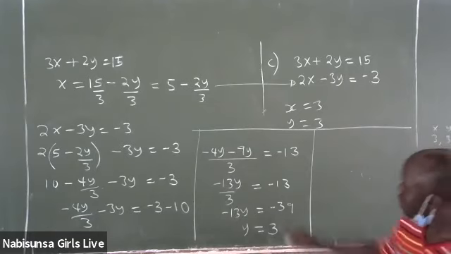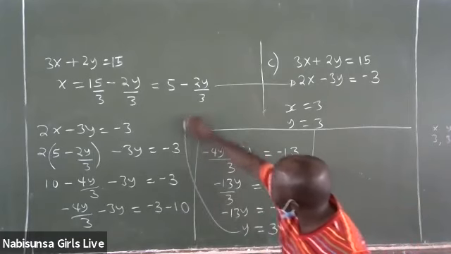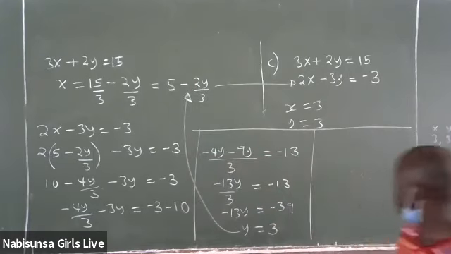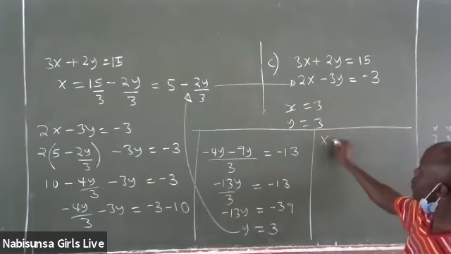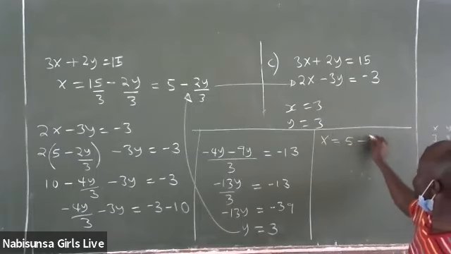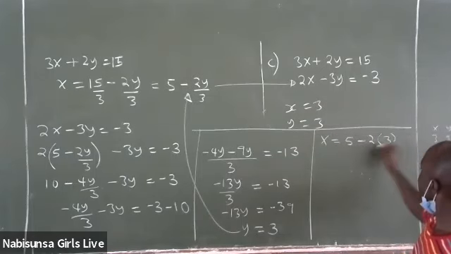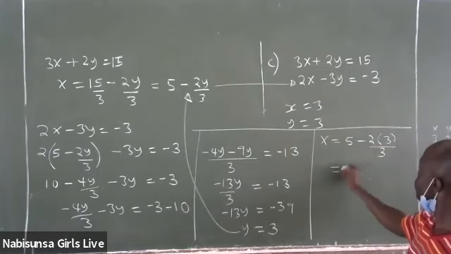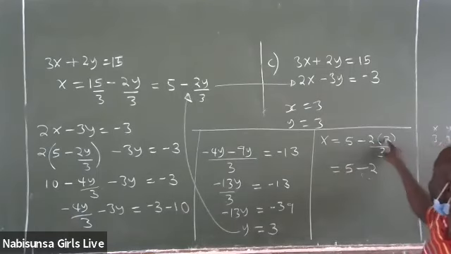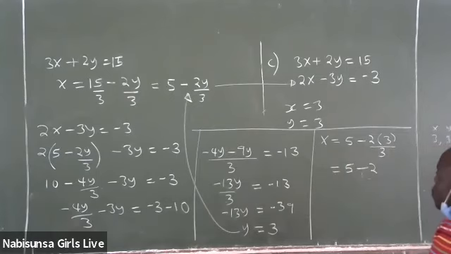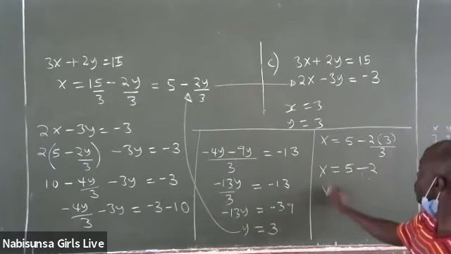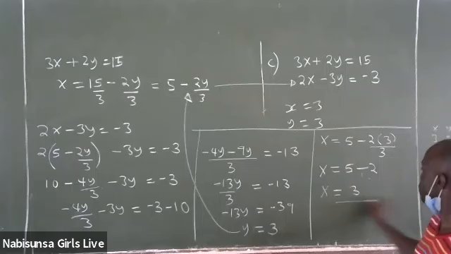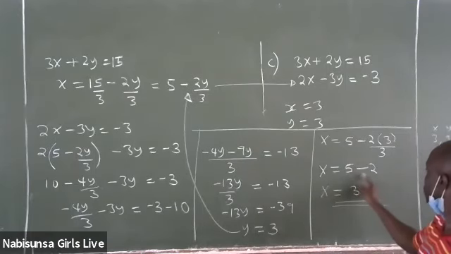Now you place this y back into your x. X is now 5 minus 2 over 3. So this is 5 minus 2 because these 3 will cancel. It gives us 6 as well, as 3.